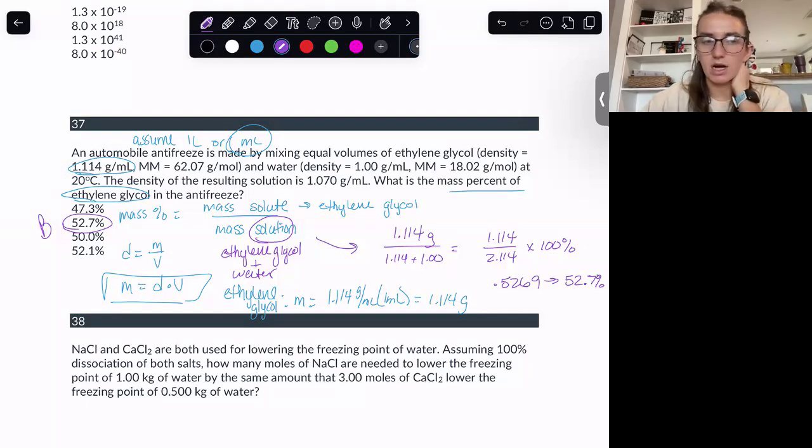Okay, any other questions on this density one here or question 37 on my particular mock exam? Okay.